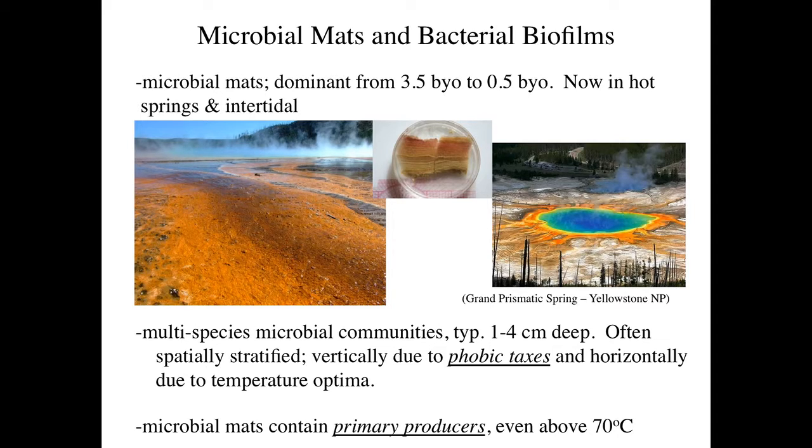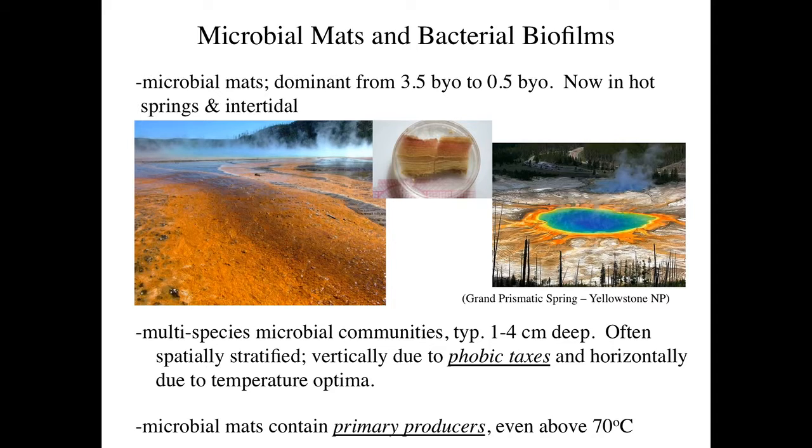Oftentimes it's a photosynthetic organism, but not always; there's almost always some type of autotrophic organism that can take inorganic carbon and fix it into an organically usable carbon form that other microbial species living in that mat can then use. So these are very self-contained ecosystems, using sunlight oftentimes, but a lot of times things like hydrogen sulfide, so they're sometimes associated with hydrothermal vents.